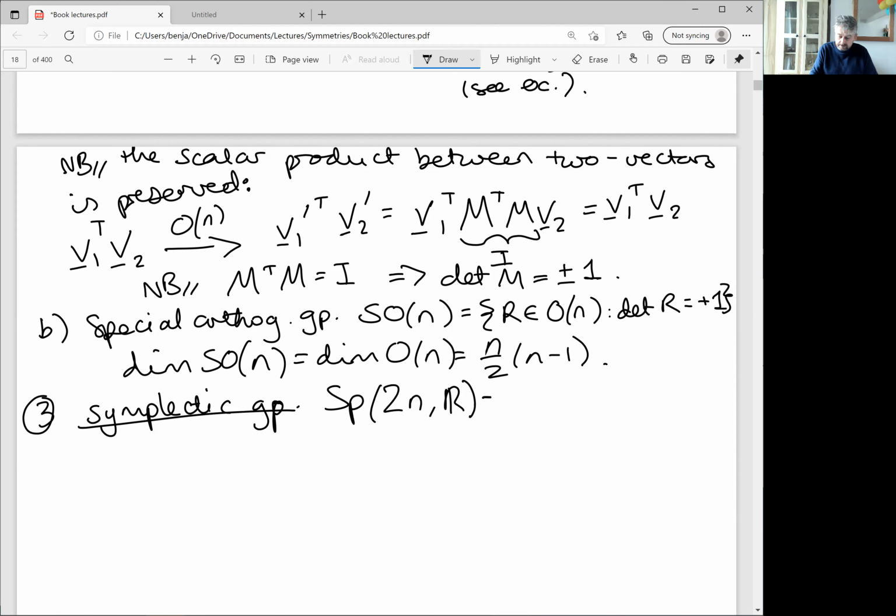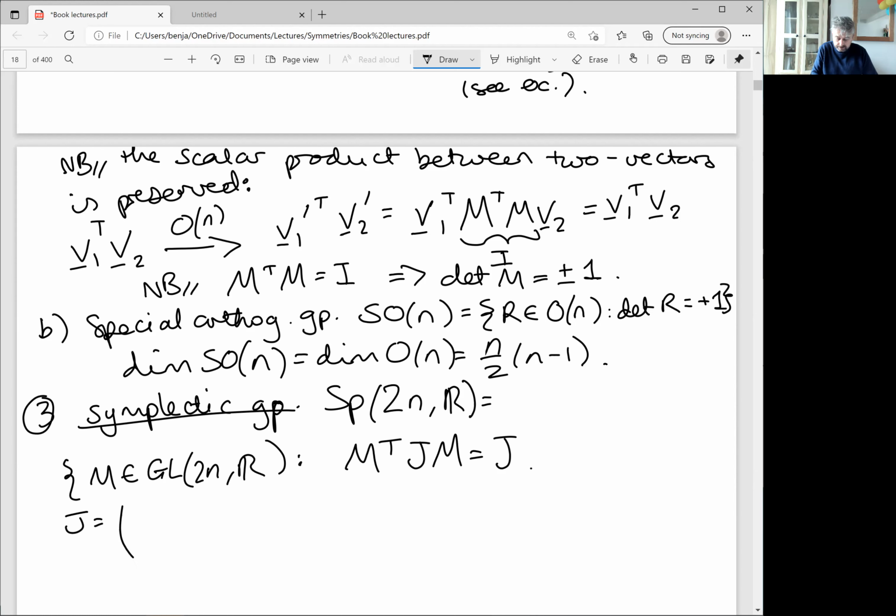This is defined to be the set of all 2n by 2n matrices such that m transposed J m is equal to J, where J is a fixed matrix of block diagonal form, which has sigmas down the block diagonals. Sigma is a 2 by 2 matrix, and zeros everywhere else.